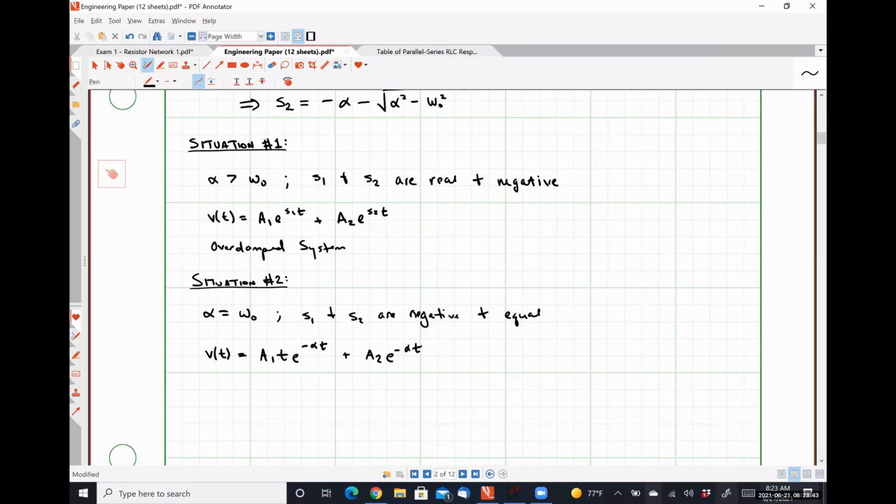So we have this first term that's being multiplied by time, and that's what's giving us the ability to take into account two specific initial conditions.